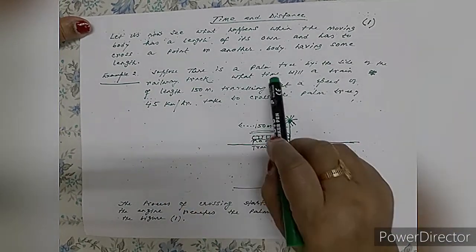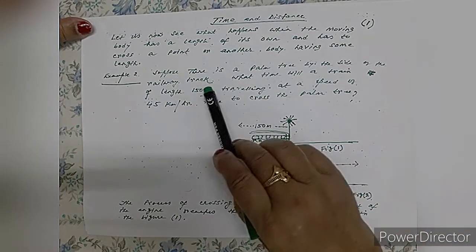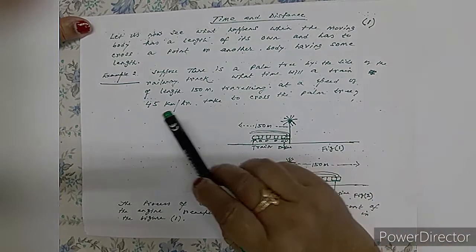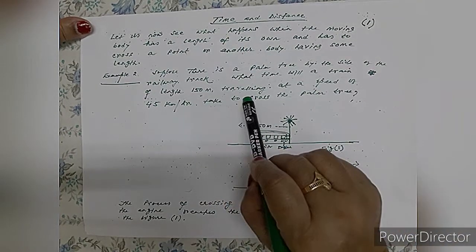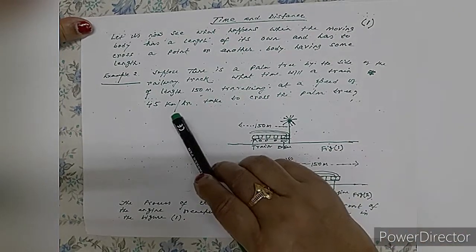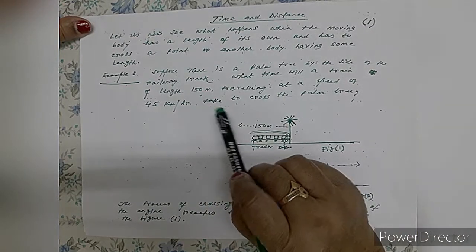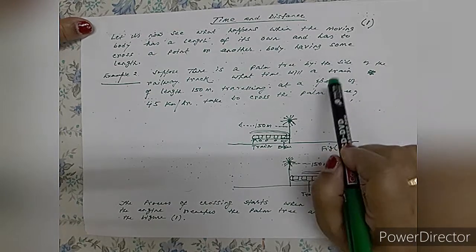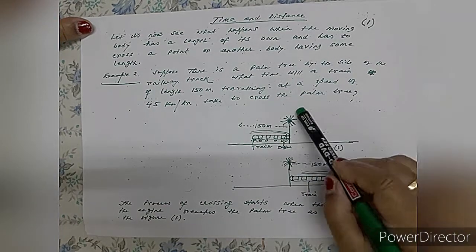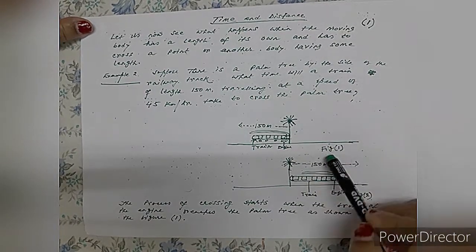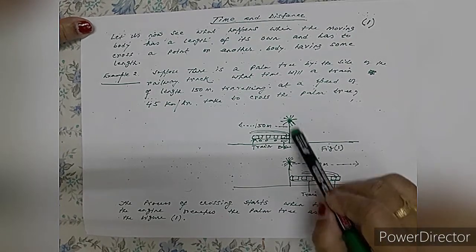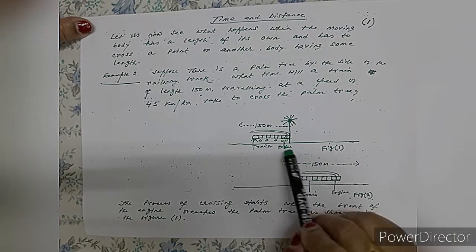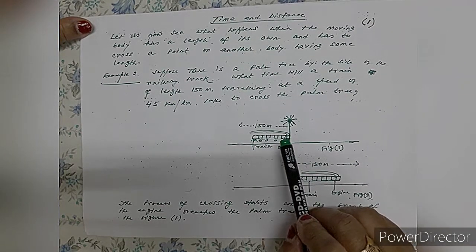Suppose there is a palm tree by the side of the railway track. What time will a train of length 150 meter, travelling at a speed of 45 km per hour, take to cross the palm tree? See figure 1. Suppose this is a palm tree and this is a train, and in the first portion this is the engine.